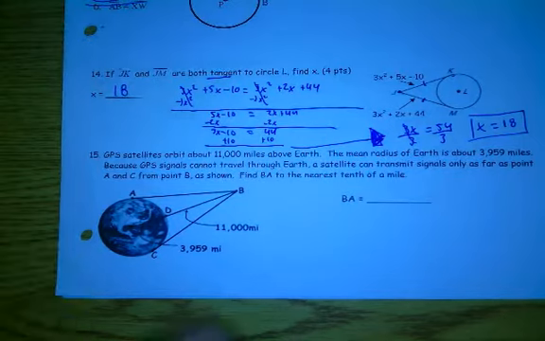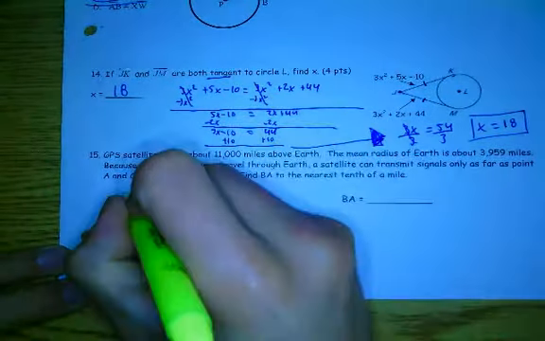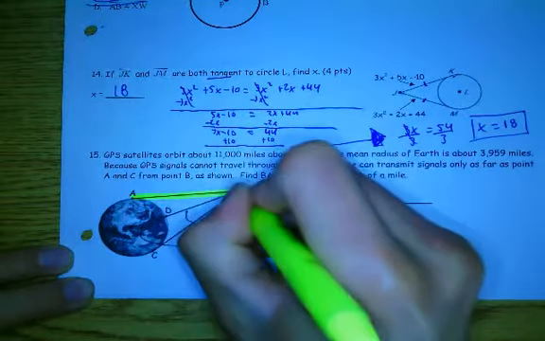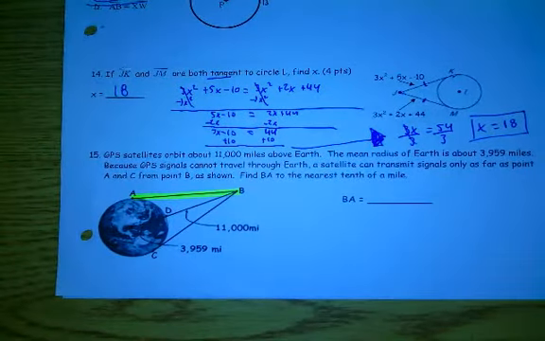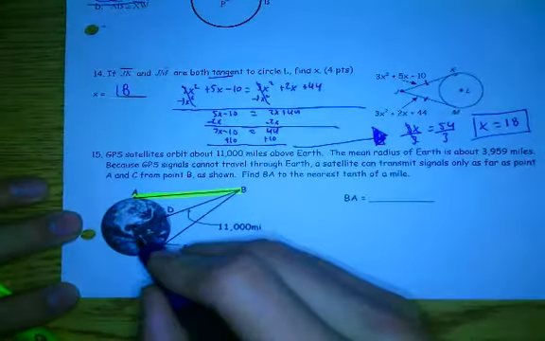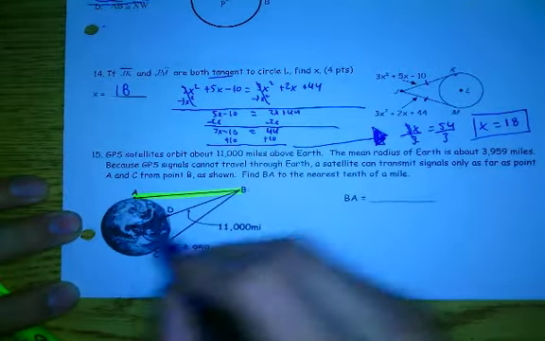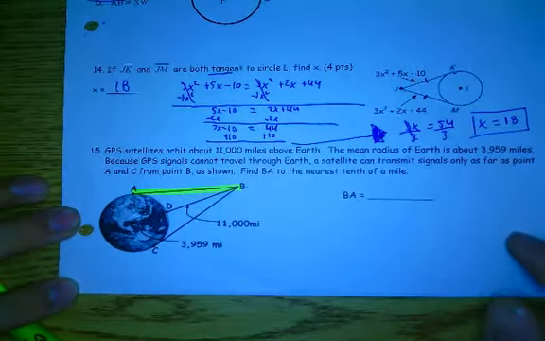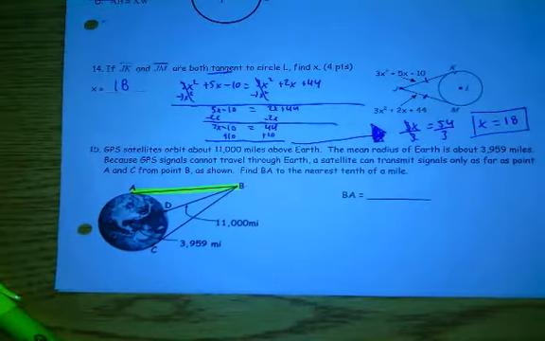How can we figure this out? Well, if you recall, the center of the Earth is here, and when you have tangent lines, so if this was to continue going on that direction, the tangent line and the radius, if I draw my own radius, they make a perpendicular or a 90-degree angle.